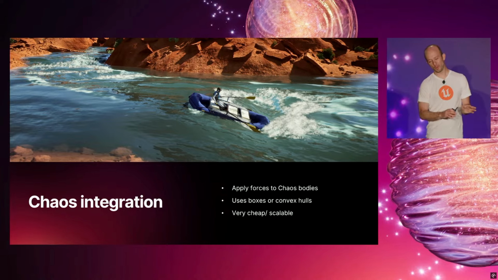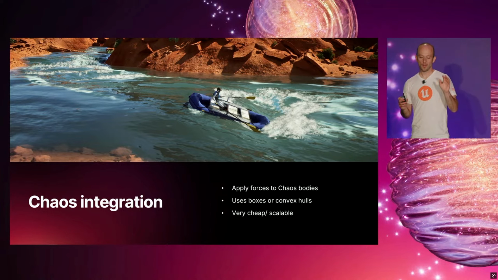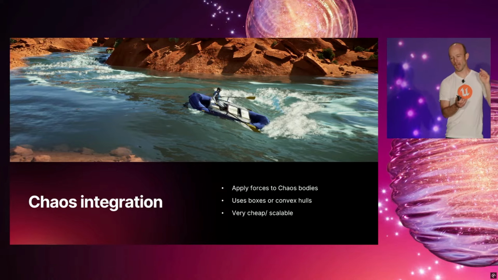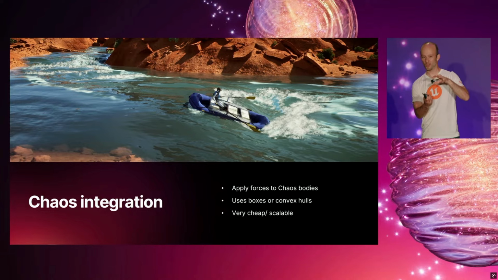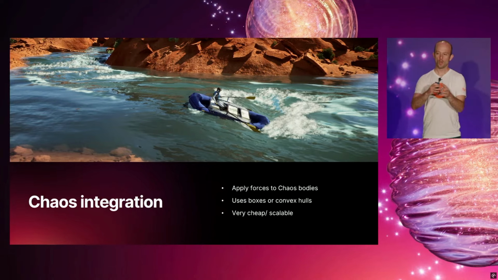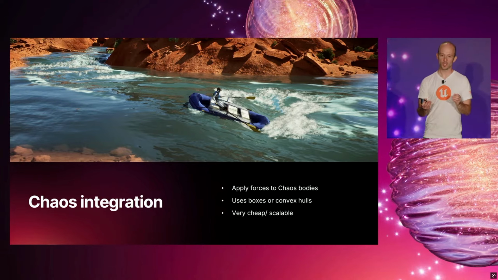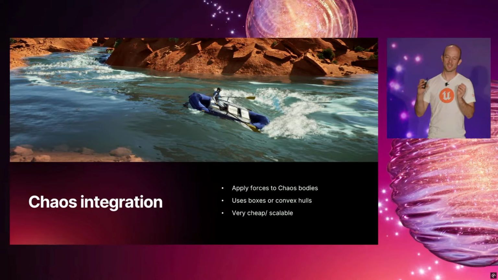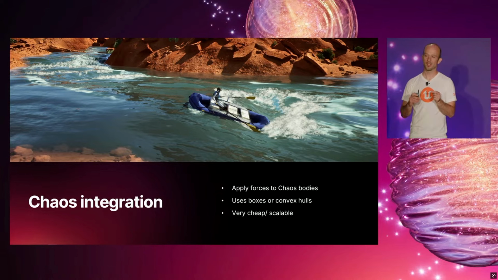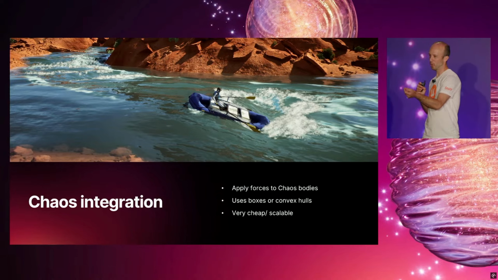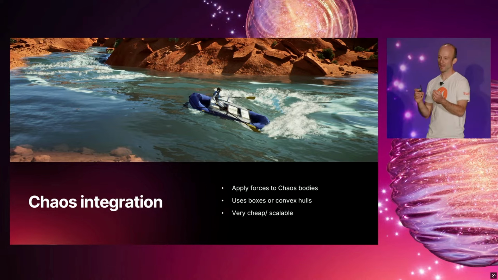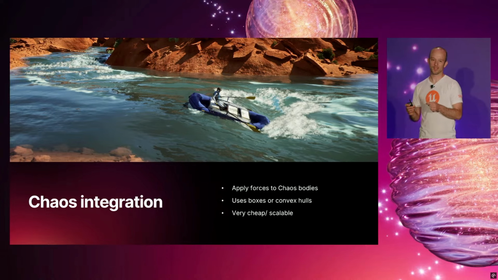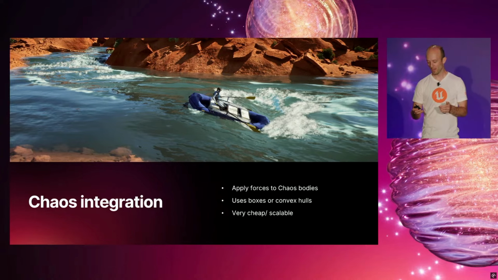So there have been previous integrations of buoyancy in the engine that use more simplistic models. So either just spheres like pontoons that live on boats, or boxes for chaos integration that really only use the velocity of the fluid sampled at one point on the box. So in cases like that, you can't support rotating velocity fields where you might have the fluid flow spin an object, and the drag model didn't support things like using the actual shape of the object.